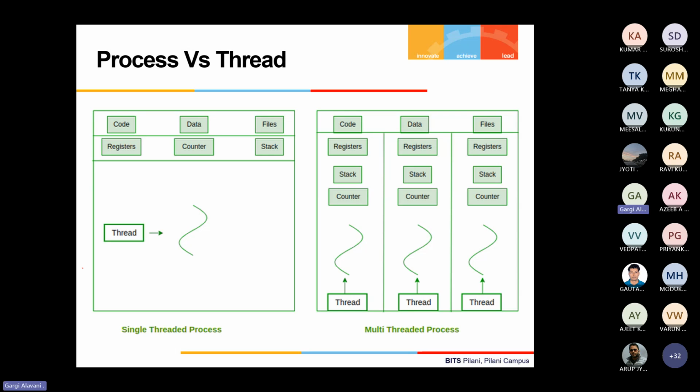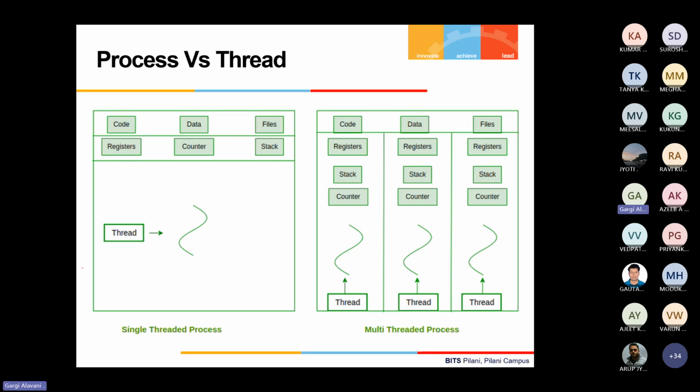With this, we can move on. We learned MPI first, and this is the second programming model that we are learning today, which is Pthreads. So we come back to the question of process versus threads.